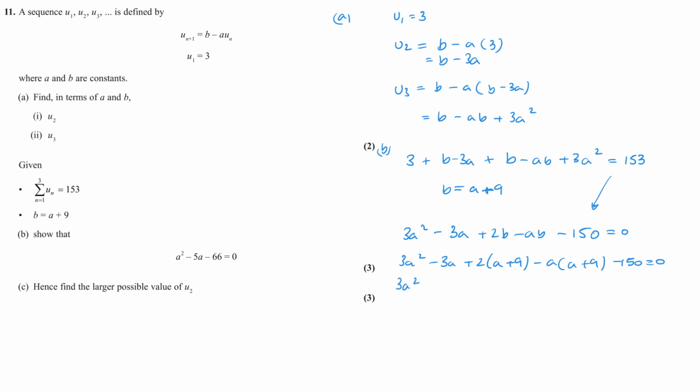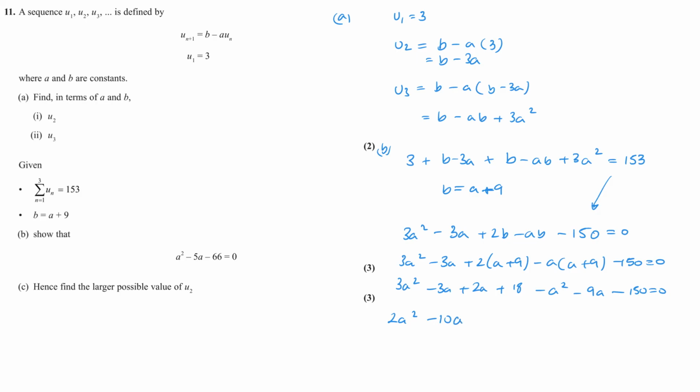So 3a squared minus 3a plus 2a plus 18 minus a squared minus 9a minus 150 equals 0. So this is 2a squared now. Minus 3a plus 2a is minus a. Minus 9a, so it's minus 10a.